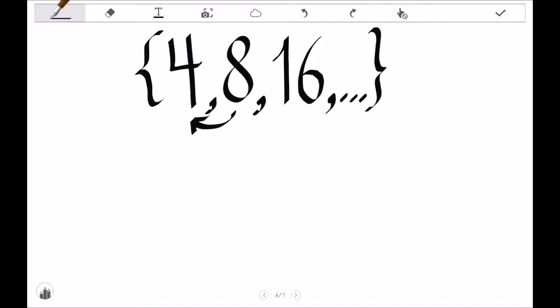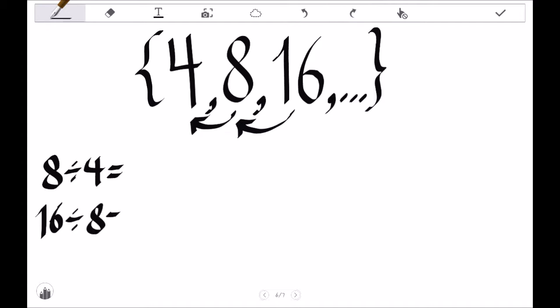To do this, you will need to divide the second term by the first term, and then divide the third term by the second term. In this example, it would be 8 divided by 4 and 16 divided by 8. You should get the same number both times.